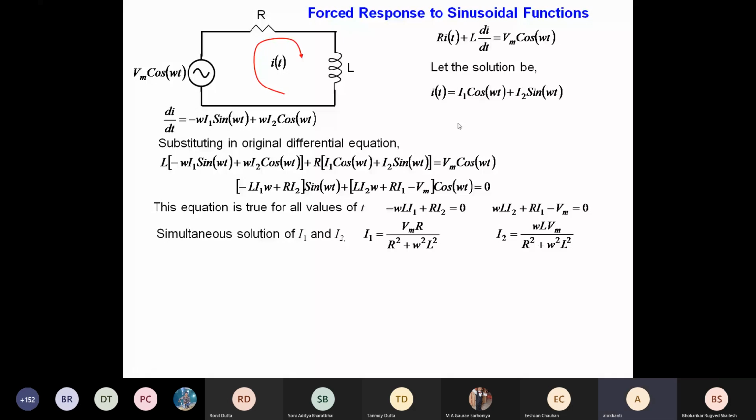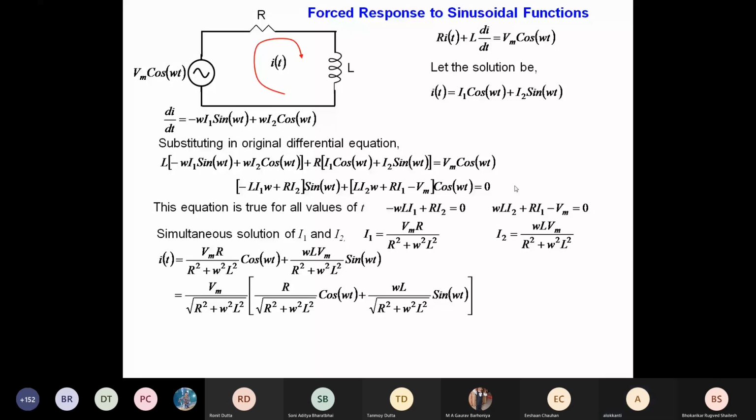Okay, so if you solve this, you get this I1 and I2. If you substitute this in the original equation, you basically get this. And just by little manipulation, we took out root over r square plus omega square L square and Vm, which is there in the numerator.